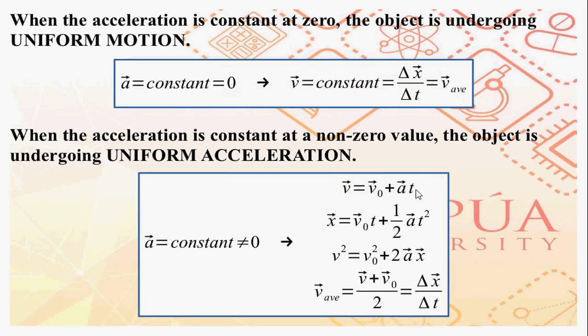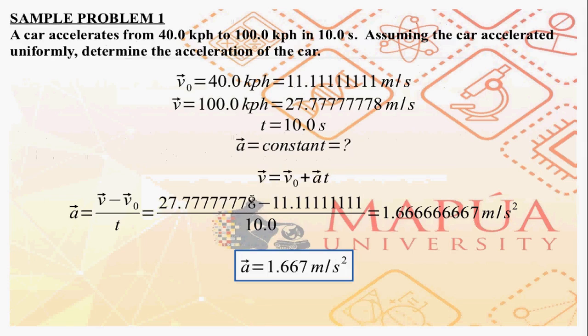Say we look at the first equation, v = v0 + at. If you look at the known values, you know the initial velocity, you know the final velocity, you know the elapsed time. The only unknown is acceleration.